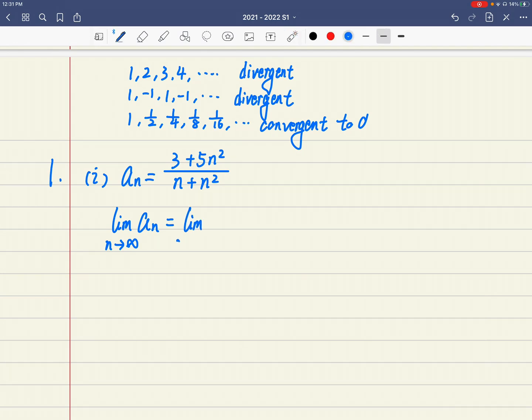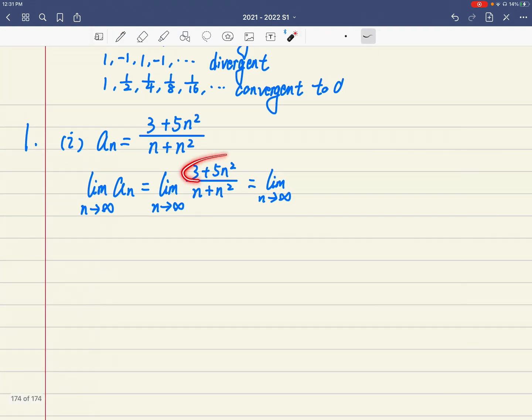Okay, so it's the limit as n approaches infinity of 3 plus 5n squared over n plus n squared. So how do we get this limit? Because both are polynomials, we can divide both top and bottom by n to the highest power.